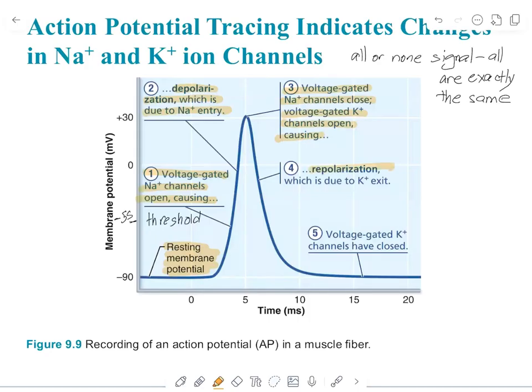And this leads to repolarization because of potassium exiting the cell. So it's almost like the inside of the cell then returns to its normal polarized state, where the inside is more negative than the outside. So that leads to the inside becoming more negative all the way back down to negative 90.